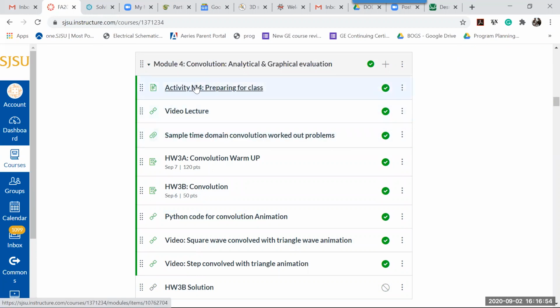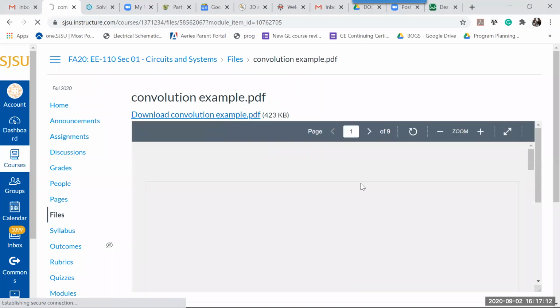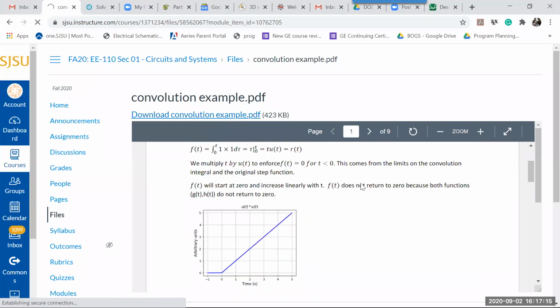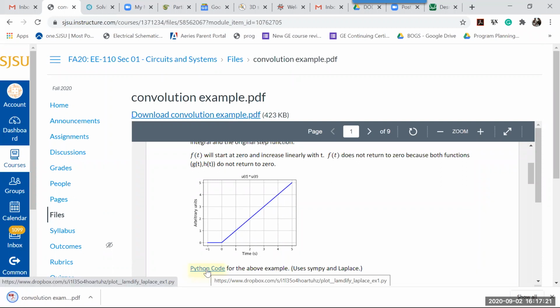Okay. So here, I just wanted to say that I can't necessarily do every problem, but here I have some worked out time domain convolutions with plots. It's all in Python. You could download that Python code. Unfortunately, it's all in Python 2.7, not Python 3, and it might not run. It's usually a print command that dies.